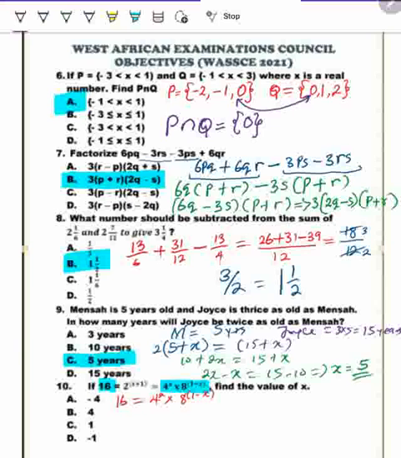Okay, so 16 is the same thing as 2 raised to the power of 5, and 4 is the same thing as 2 raised to the power of 2, which is 2 raised to the power of 2x now, times 8 is the same thing as 2 raised to the power of 3 into 1 minus x, right?